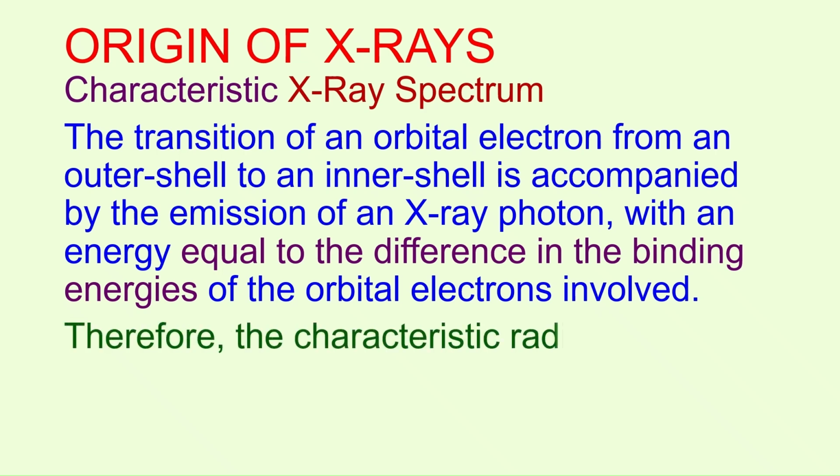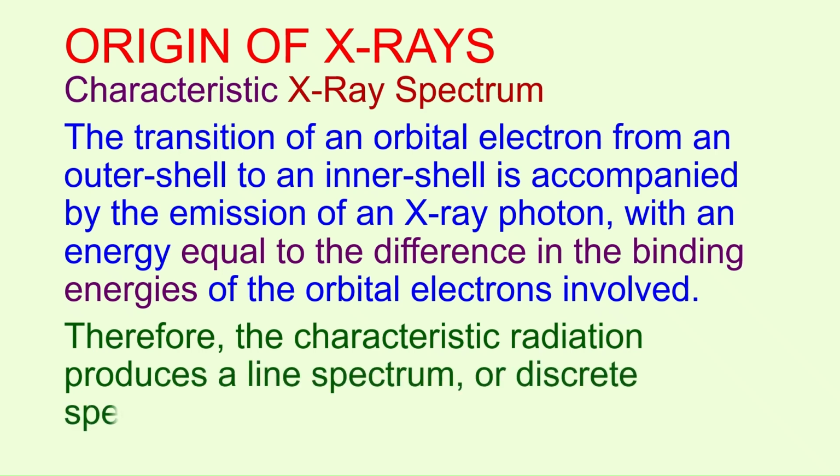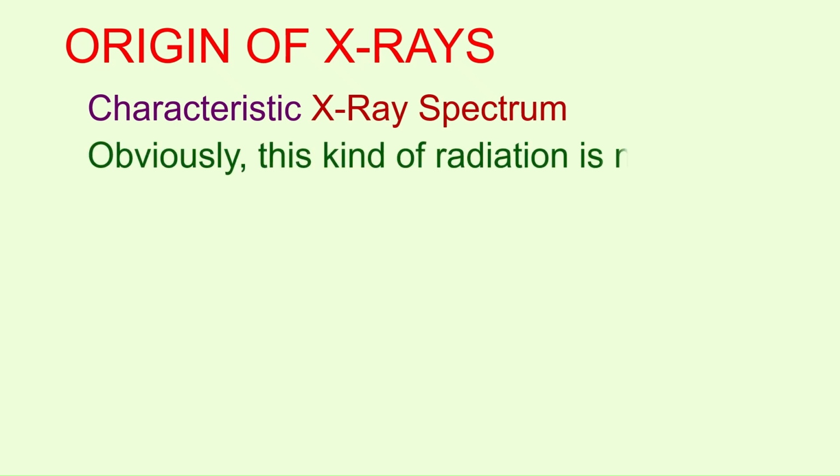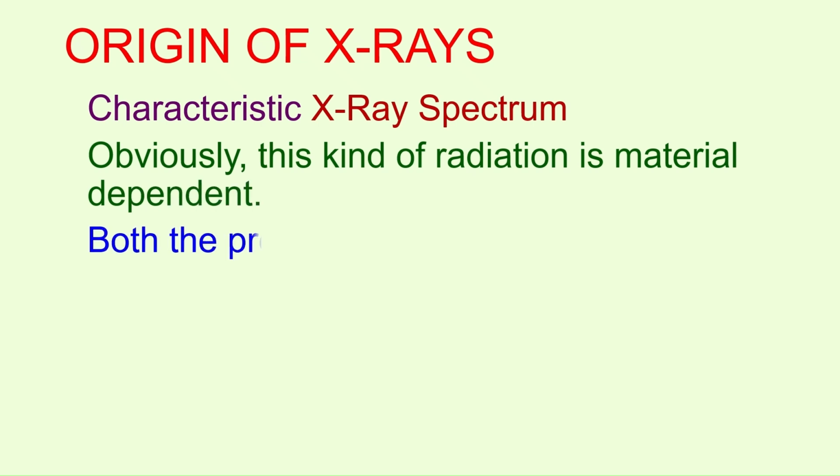Therefore, the characteristic radiation produces a line spectrum or discrete spectrum. Obviously, this kind of radiation is material dependent.